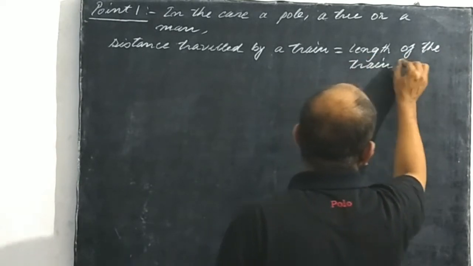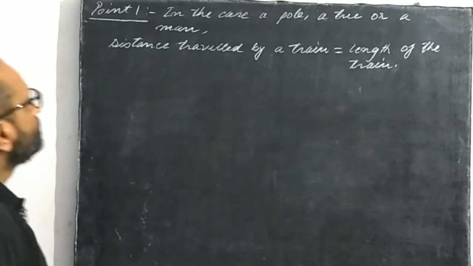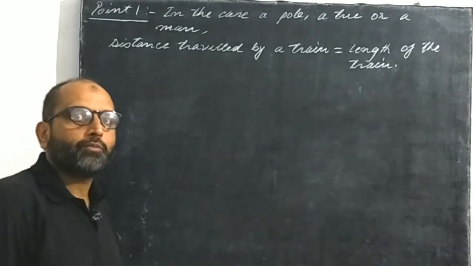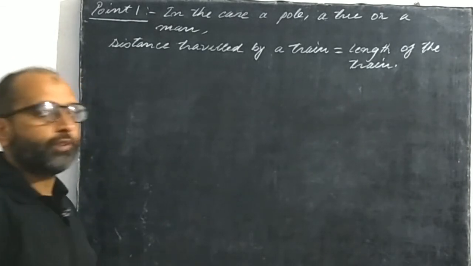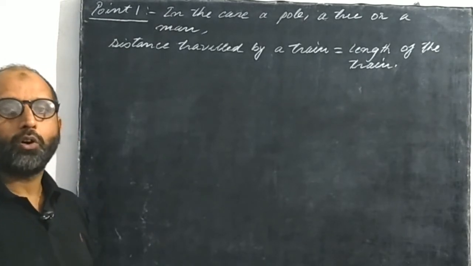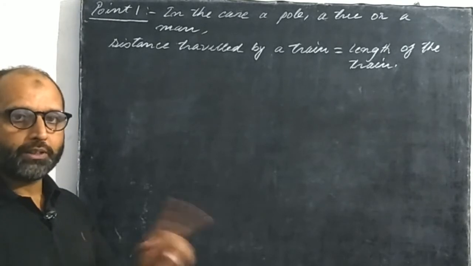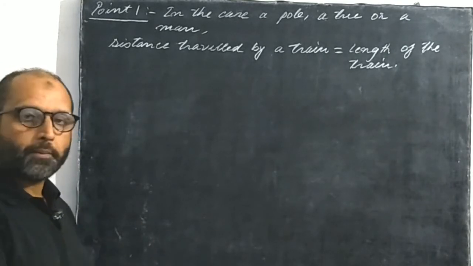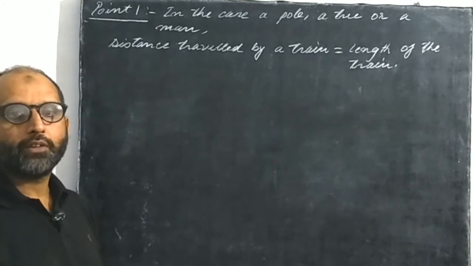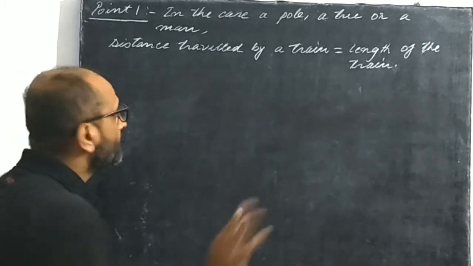So if in the language problem we see that one train is being discussed with reference to a pole, a man, or a tree, the distance traveled by the train to cross over that man, pole, or tree is equal to the length of the train itself.